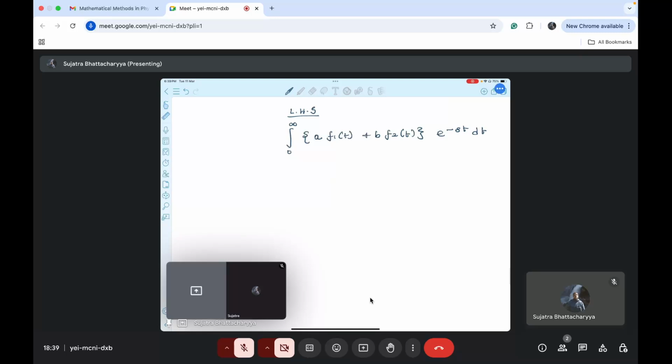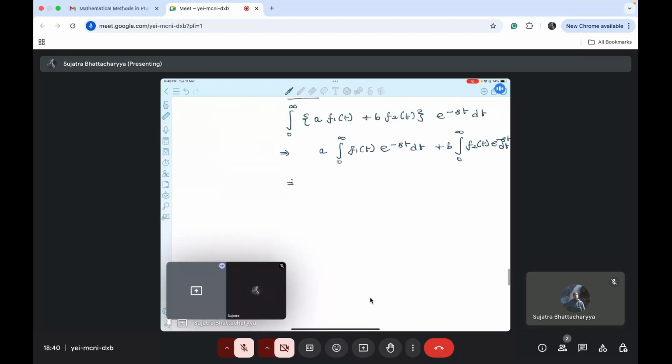That's all. So what we will do is just allow the properties of integral to play a role. The second step will be to take a and put the integral from 0 to infinity of f1 of t e to the power minus st dt, plus b times the integral from 0 to infinity of f2 of t e to the power minus st dt.